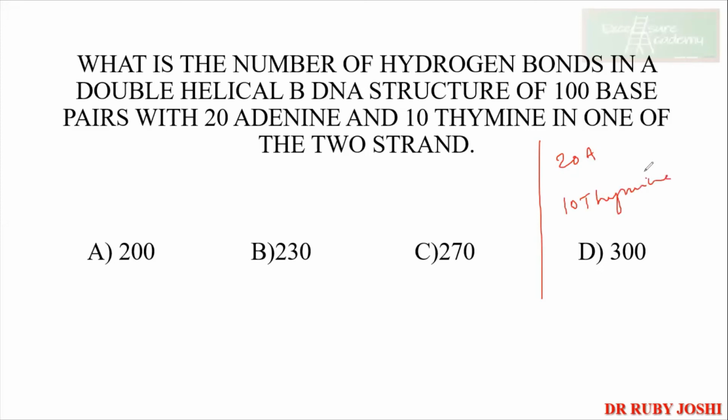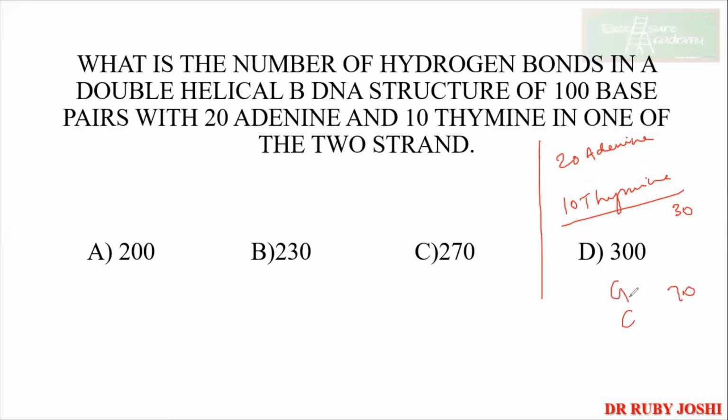What to do next? If there are 20 adenine and 10 thymine, then that is 30 in total, and the rest out of 100 base pairs, so 70, are GC pairs.